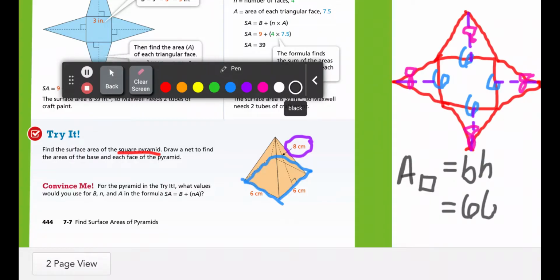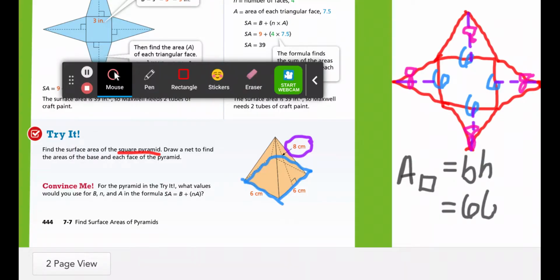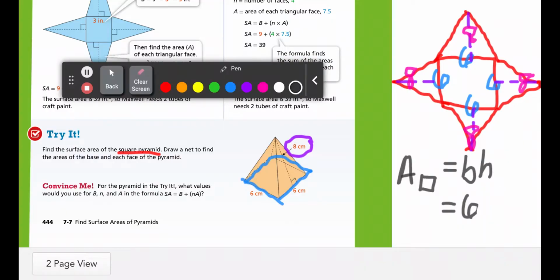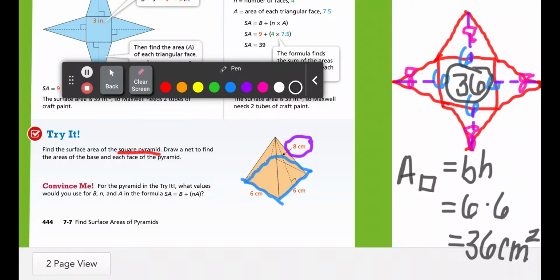Oops, not 66. 6 times 6. So what is the area of the square? It will be 36 centimeters squared. So I'm going to take that 36 centimeters squared, write it inside my square, and circle it. So the 36 represents the area of the square.